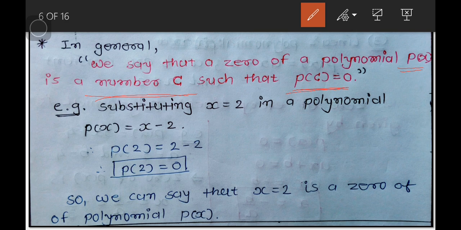That is, the value of the polynomial is equal to 0. Then a number that makes a polynomial 0 is a zero of the given polynomial.